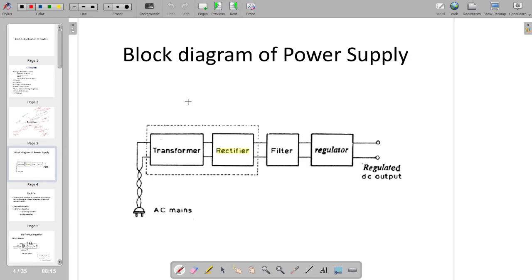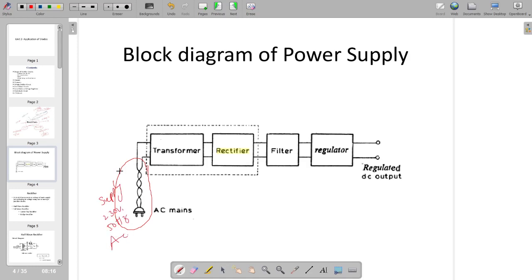In order to understand the rectification process, what is the purpose of rectification? To convert the signal from AC to DC. This is the block diagram which explains the rectification. Here it is the household supply, that is 230 volts and 50 hertz AC.